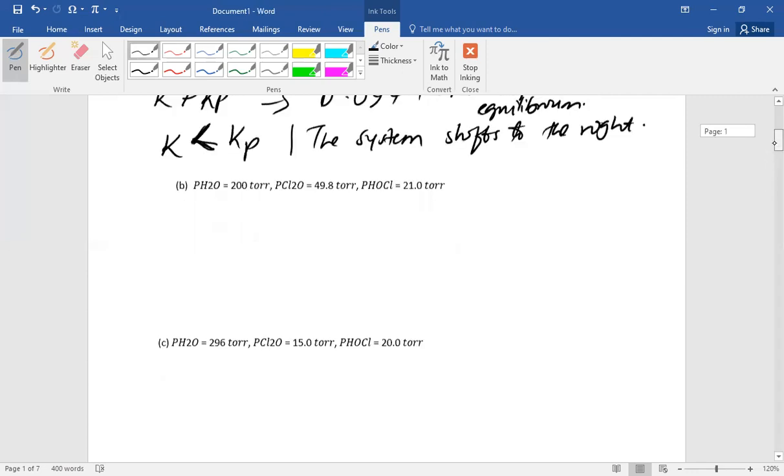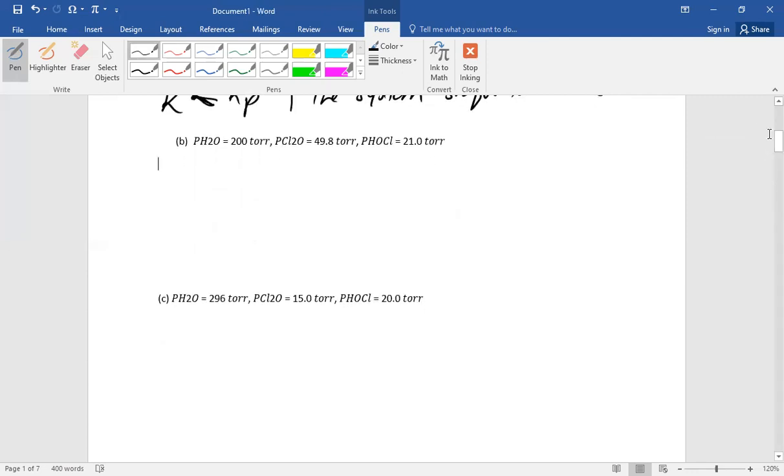So for B, again we say Kp is equal to P squared of HOCl over P of H2O and P of Cl2O. Let me make a correction for water.